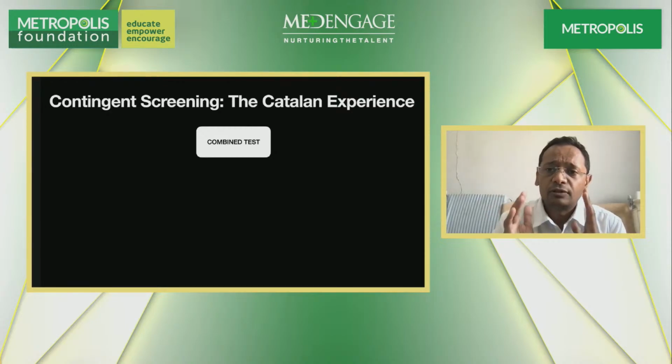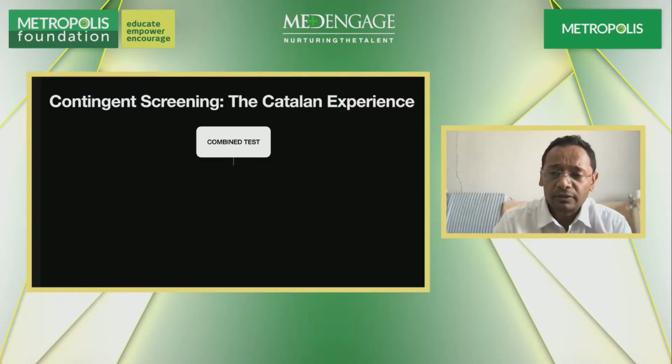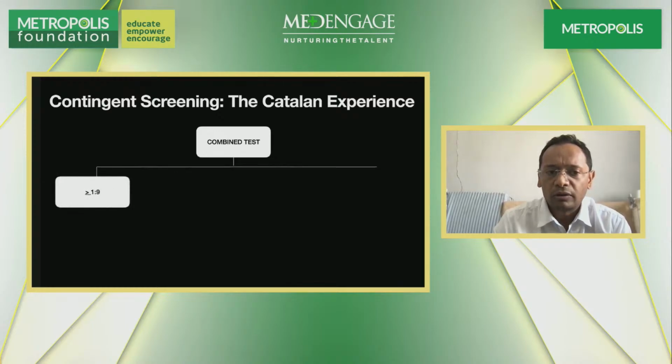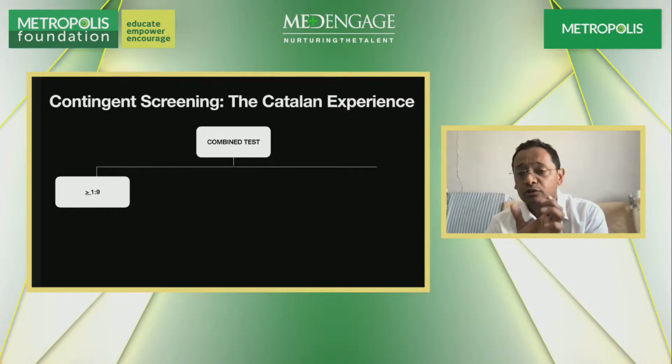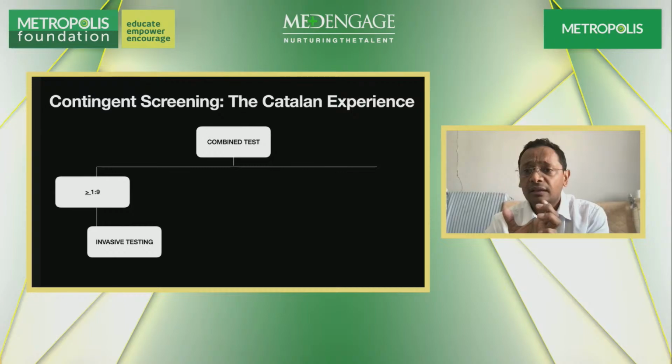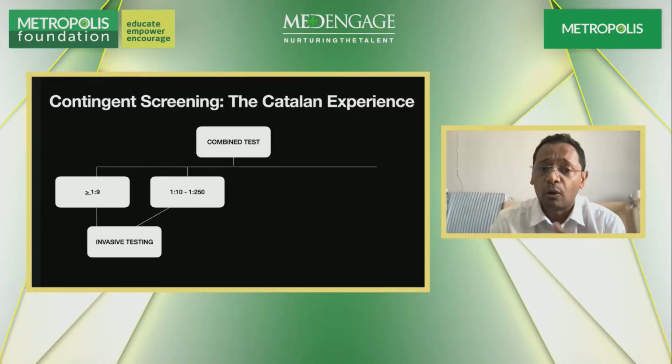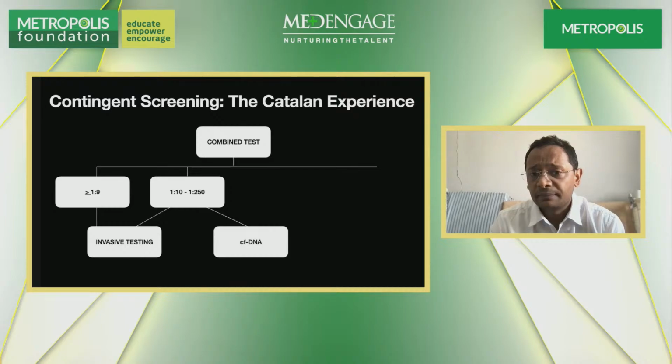Now, what is the contingent screening, the Caroline experience? After getting the first trimester combined screening, we have come up with this table, which simplifies everything. If the risk ratio is equal to or between 1:9, which is super high risk, you have to advise them invasive testing. Whereas if it is 1:10 to 1:250, which is again a very high risk, we offer invasive testing and NIPT.